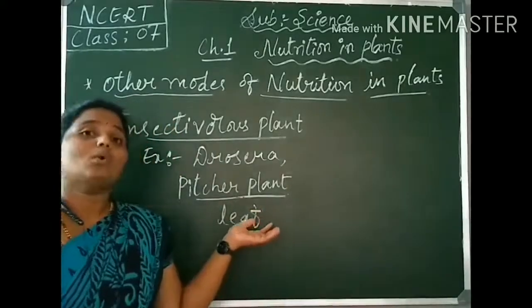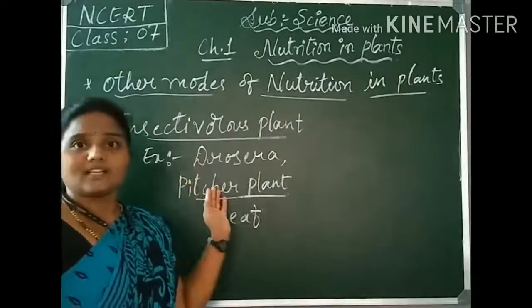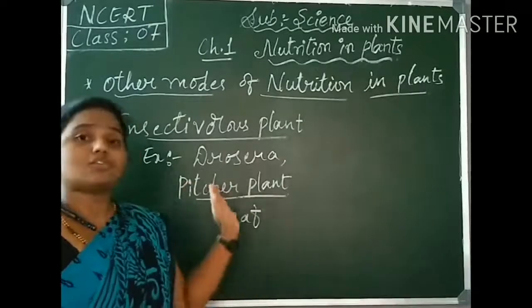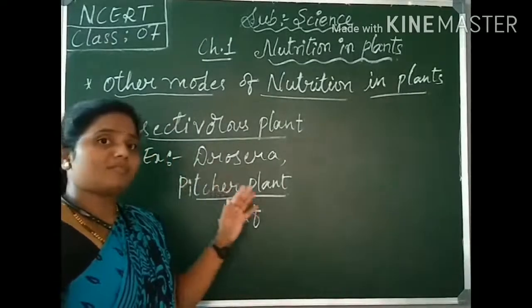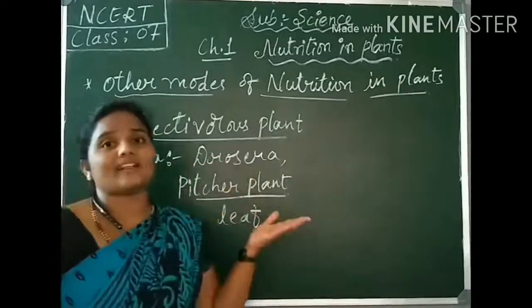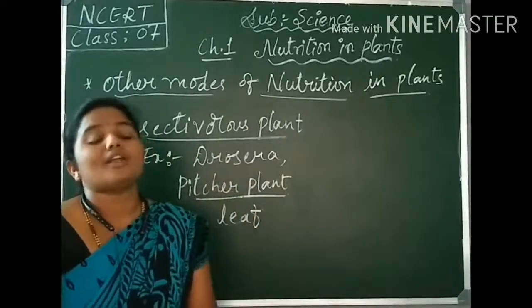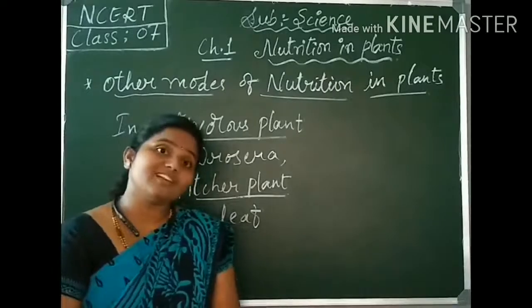Children, now is it clear about other modes of nutrition in plants? Plants, along with the autotrophic mode of nutrition, can show heterotrophic nutrition in the form of a parasite and a host, and insectivorous plants also show a different mode of nutrition. So my dear children, in today's class what did we learn?